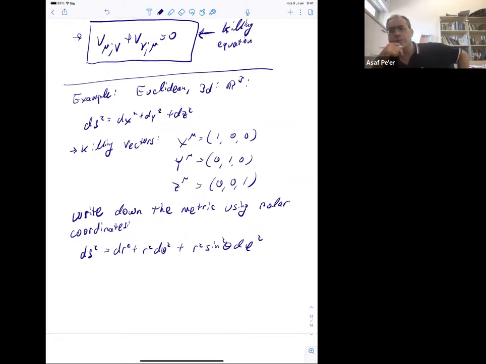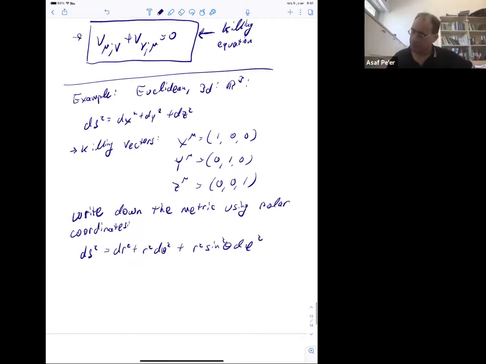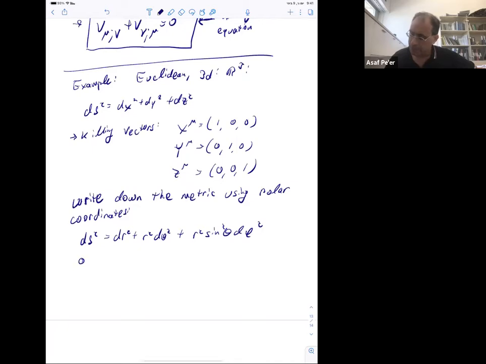So which coordinate do we see that the metric is independent of? Phi, right? So g mu nu is independent of phi. Means that R, which is d by d phi, is a Killing vector.